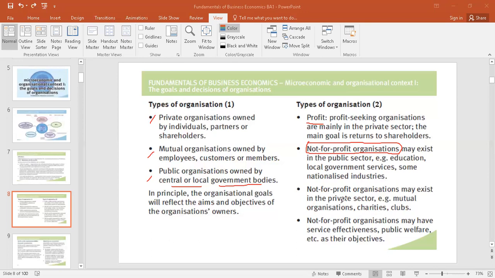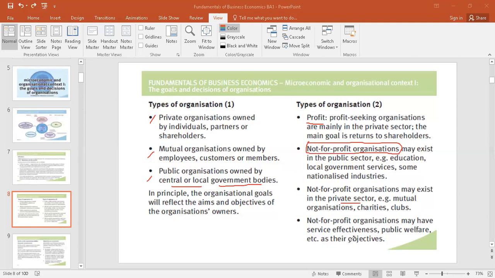If they are in the private sector, we call them mutual organizations, charities, clubs, etc. Not for profit organizations may have service effectiveness, public welfare, etc. as their objective. So the basic purpose behind why they are established is to render service. That's the basic purpose behind NFPOs, not for profit organizations.